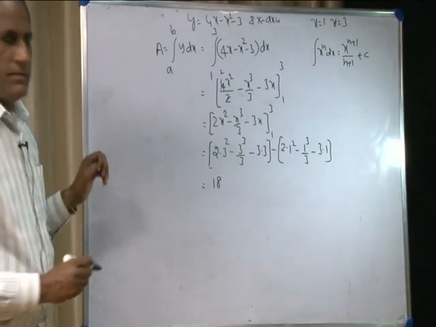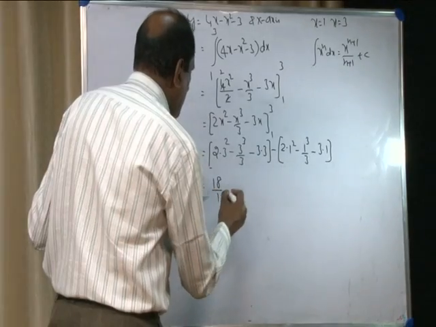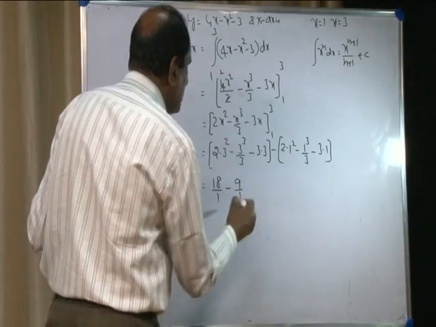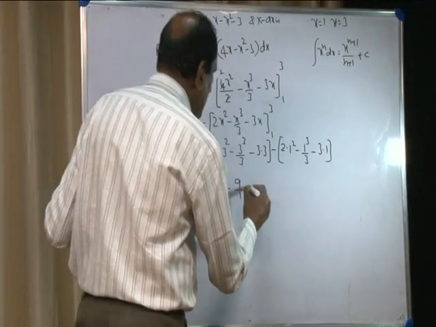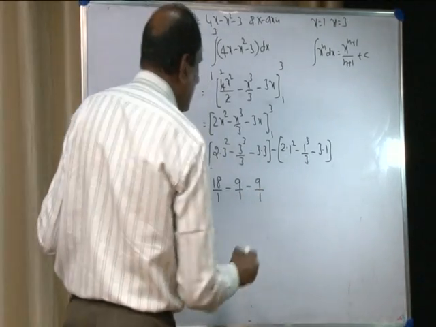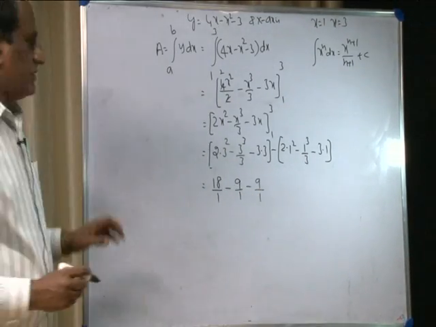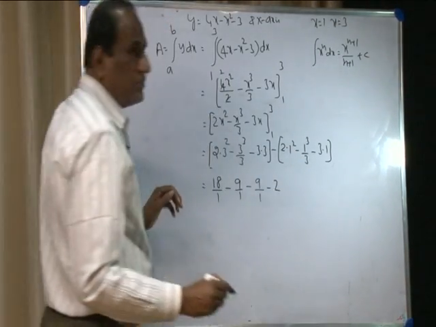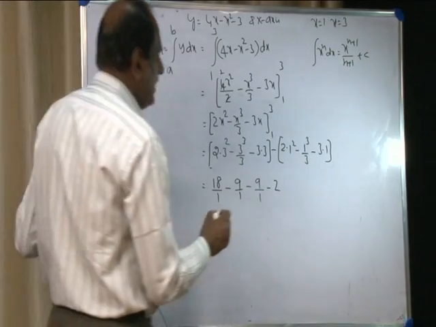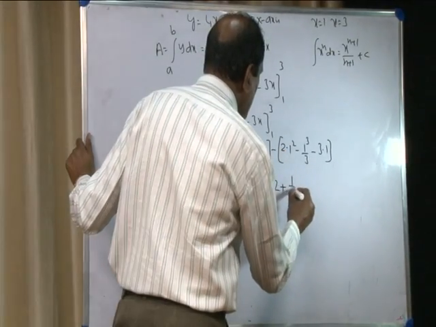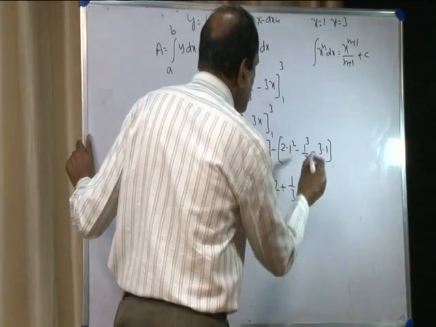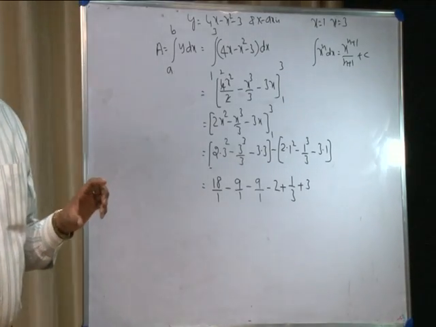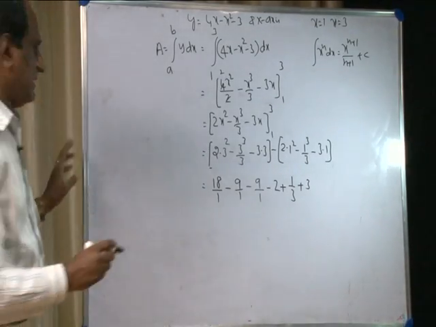Then 3 cube is 27 by 3, 9, and 3 into 3 is 9. Then minus 2 into 1 square, which is 2, and minus into minus gives plus 1 by 3, and minus into minus gives plus 3.